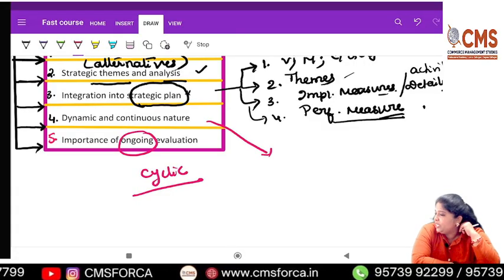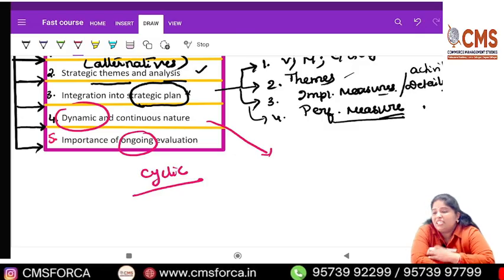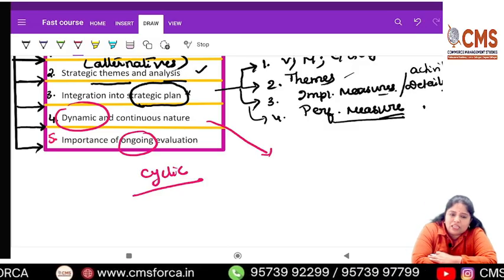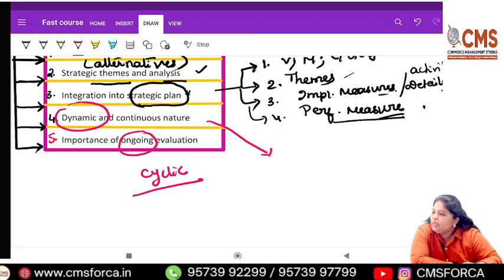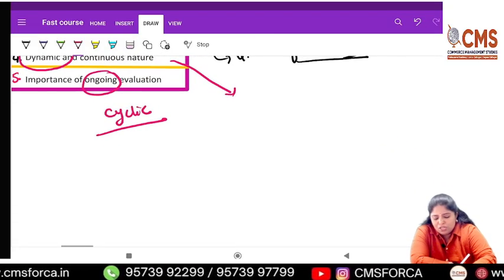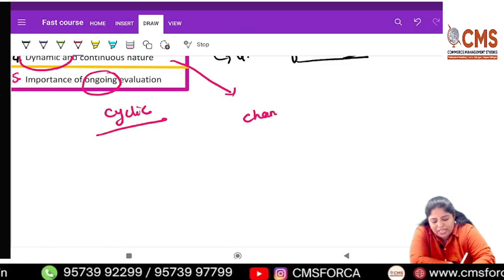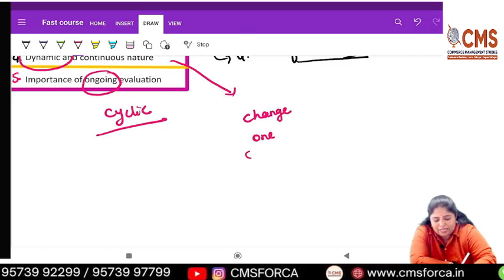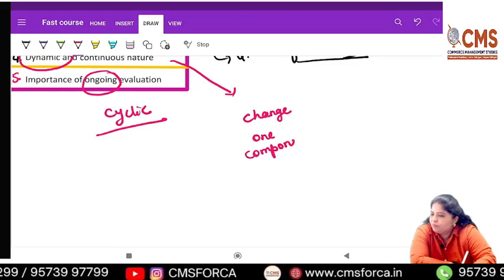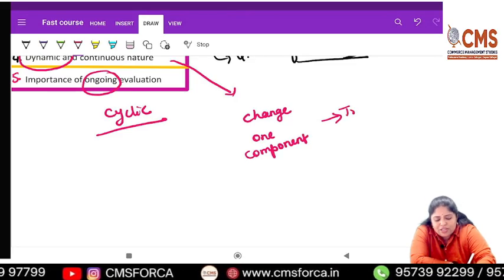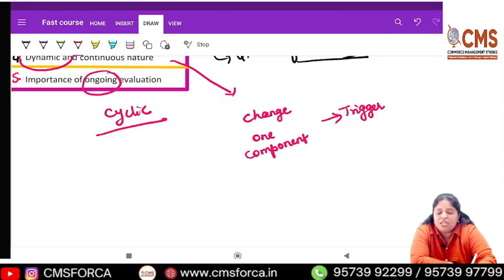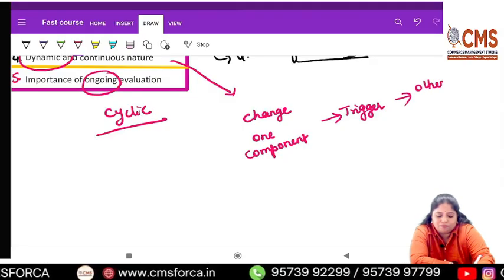Now, why do we say strategic management is dynamic in nature? What do you mean by dynamic in nature? If you change one component at any point of time, it is definitely going to trigger change in other components.